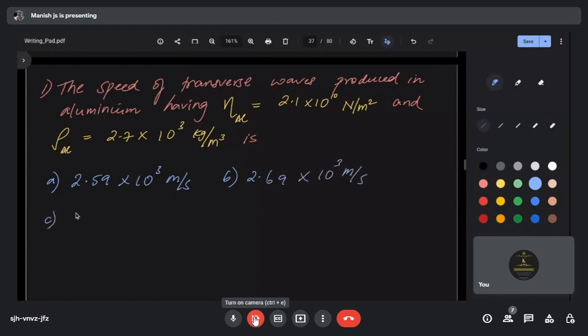Option C, 2.79 into 10 power 3 meters per second. Option D, 2.89 into 10 power 3. So find the answer and tell me. Standard question. Which is correct? Solve and tell me.